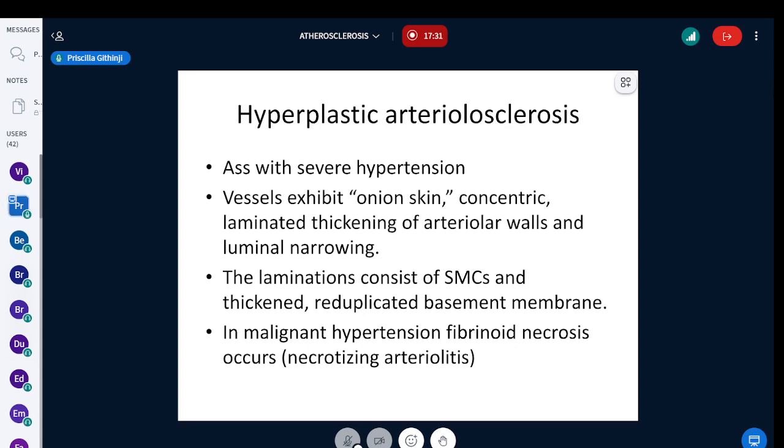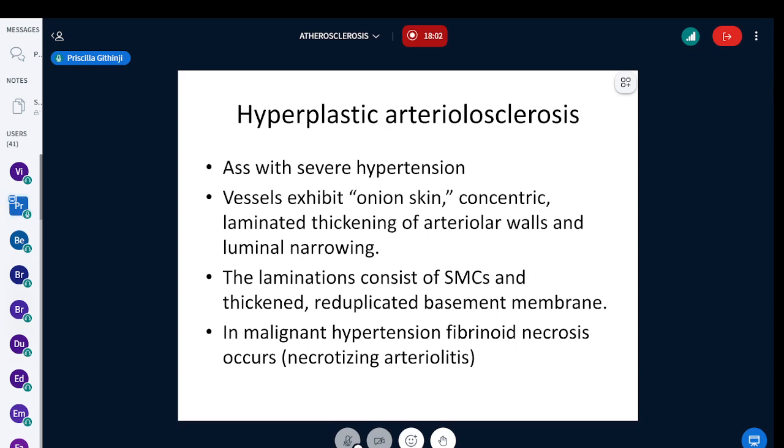In hyperplastic arteriolosclerosis, the vessels usually exhibit an onion skin, concentric, laminated thickening of the arteriolar wall, and this of course will lead to luminal narrowing. When you cut an onion, you know how it looks, the rings of an onion. Hyperplastic arteriolosclerosis gives a similar appearance, but now on blood vessels.